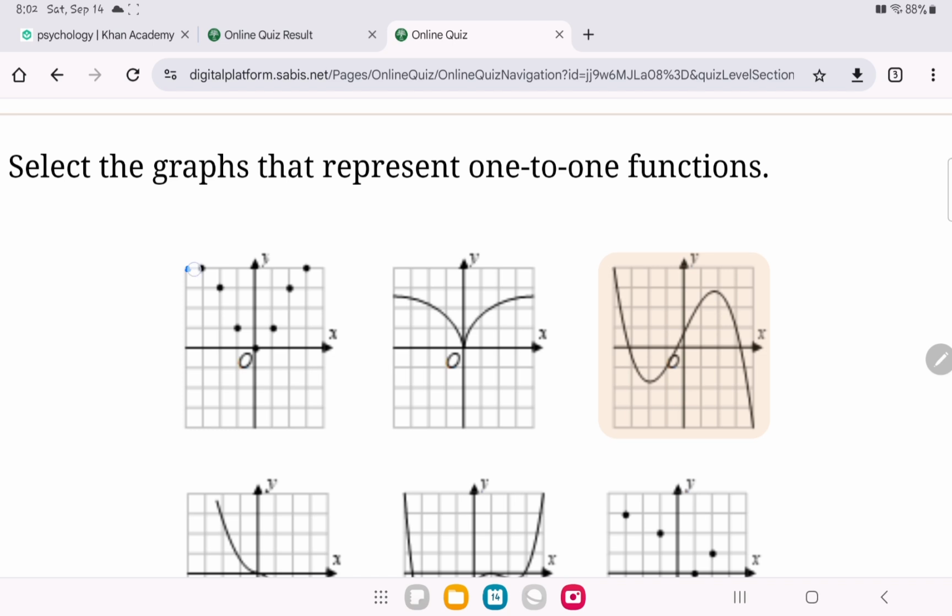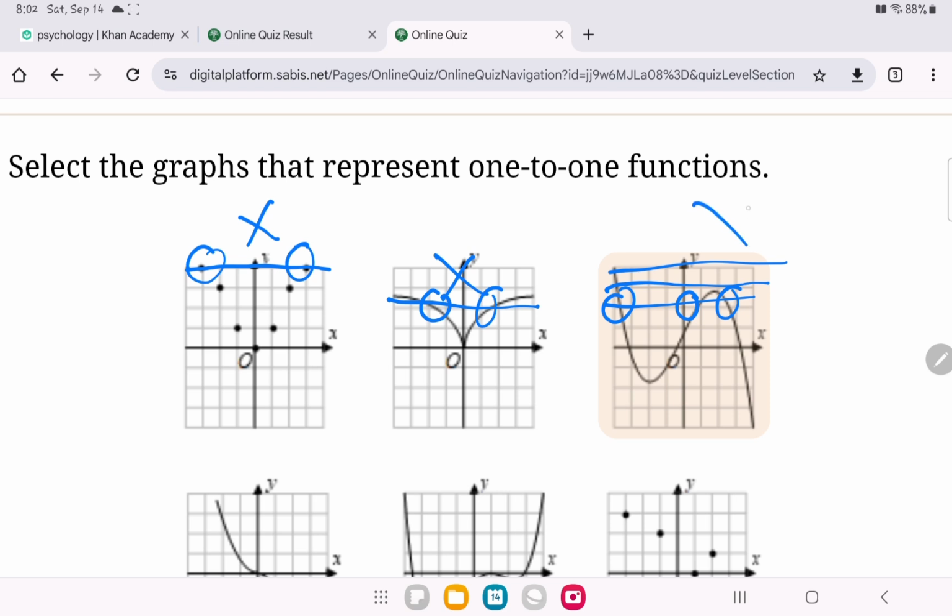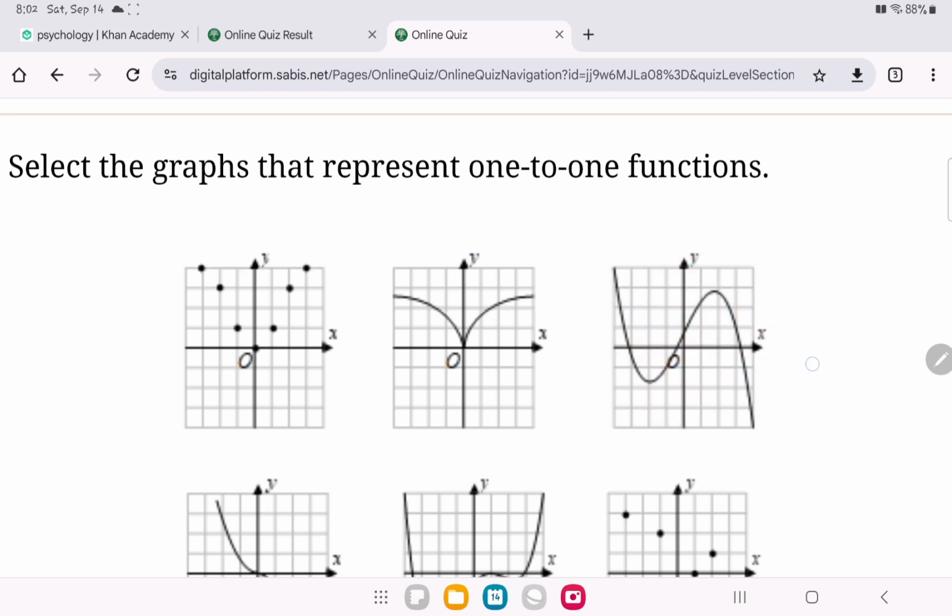This one, it's not one-to-one because we have 2 points on the same horizontal line. This one, it's also not one-to-one because we have 2 points on the same horizontal line. This one is not, because we have 3 points, not 2, 3 points on the same horizontal line.